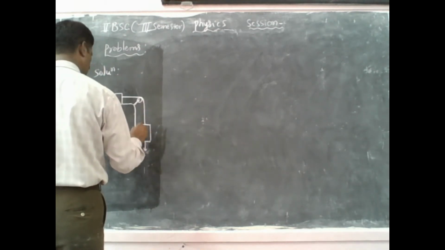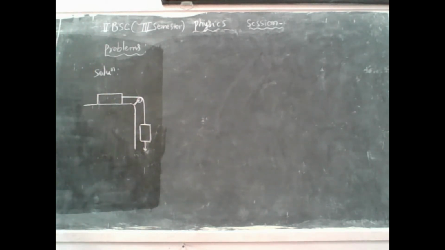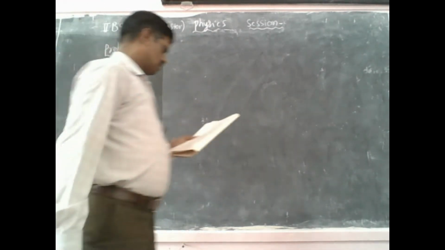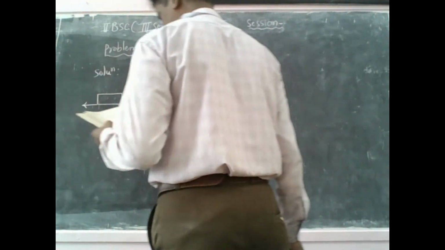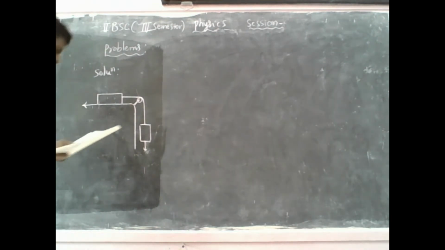And so in the figure, there is a force F, isn't it? Passing over a light frictionless pulley to a hanging block of mass 5 kg.